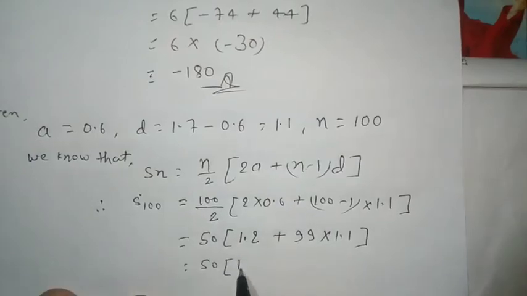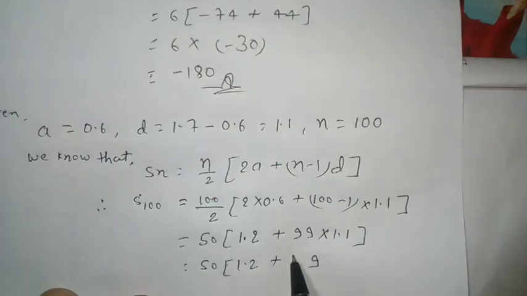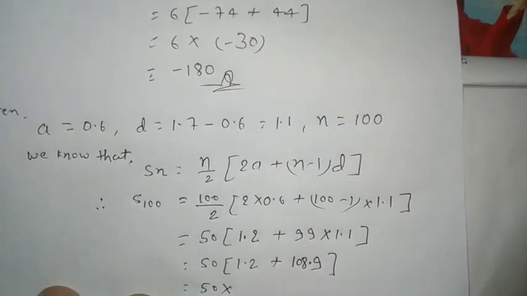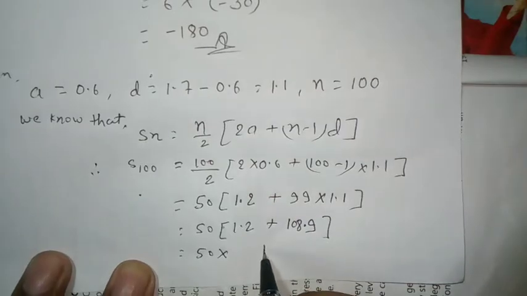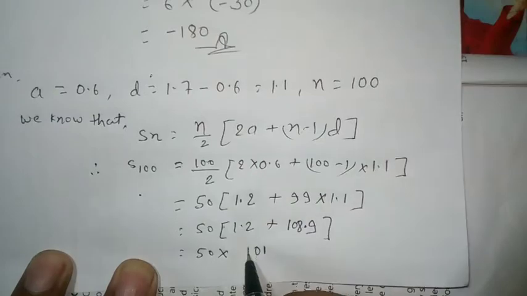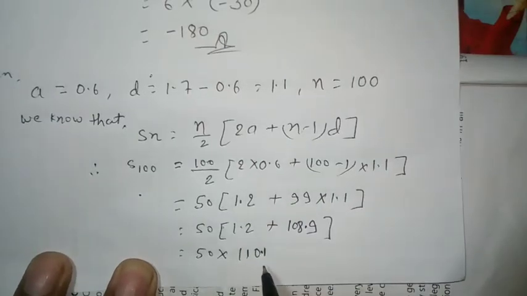50 into 1.2 plus 99 into 1.1, which is 108.9, is equal to 50 into 110.1.